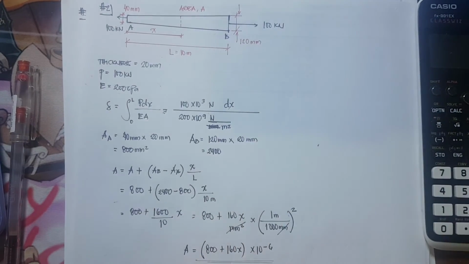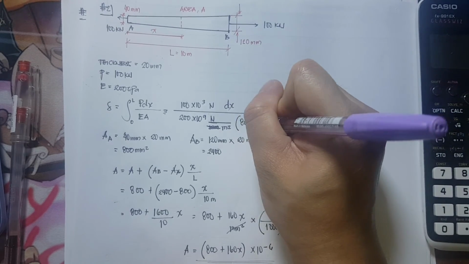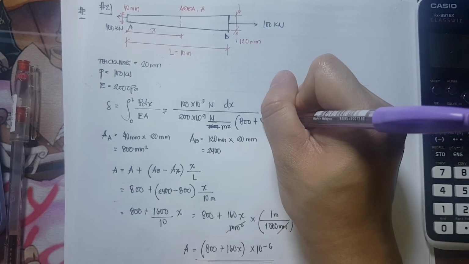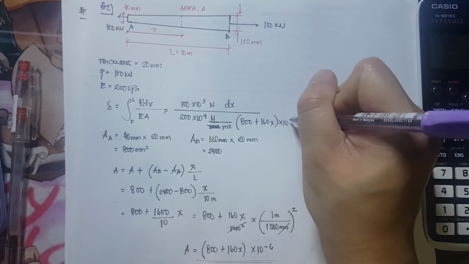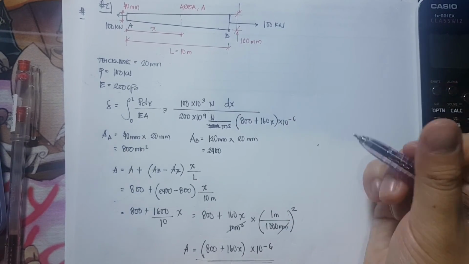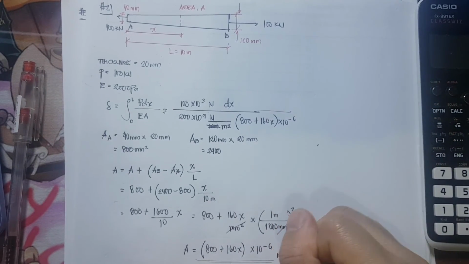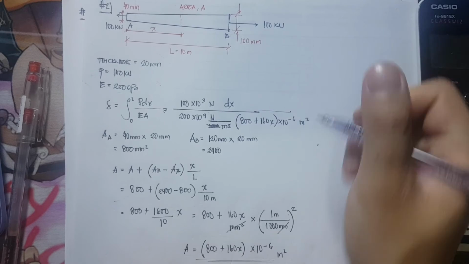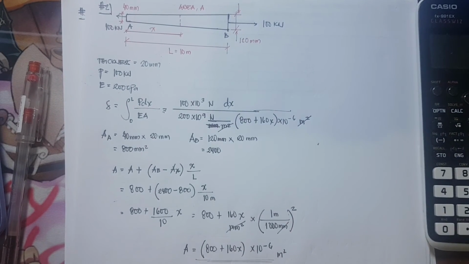Times what is our A: 800 plus 160x times 10 raised to negative 6, in meter squared. The meter squared units simply cancel out.